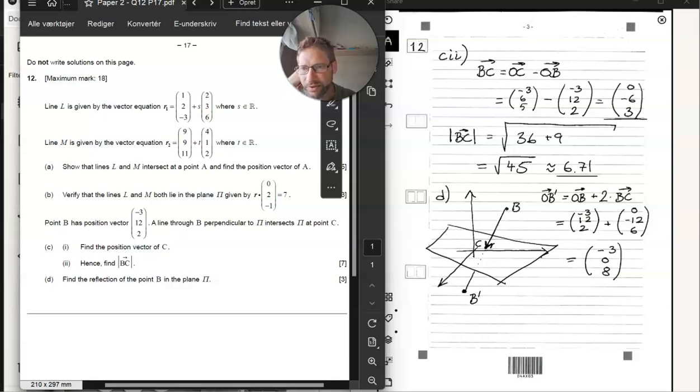So since they ask for the reflection of the point B, they are kind of asking for a point and not the position vector of the point. So it would be nice to say the point B prime is actually in the coordinates -3, 0, and 8.